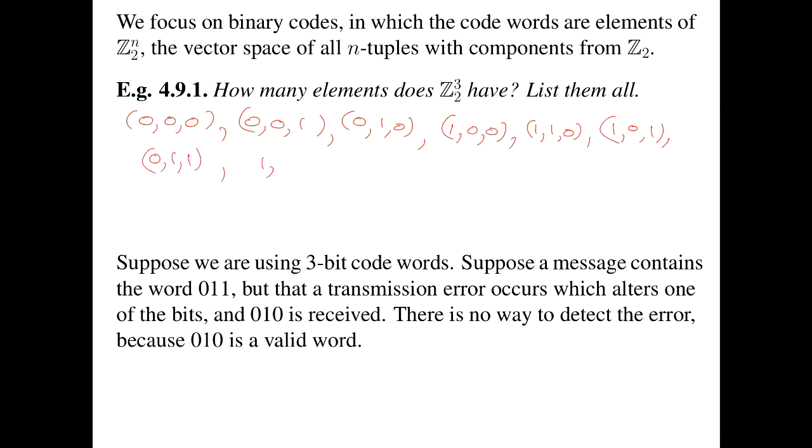And then the case where there's no zeros, okay? So the first entry is where you have all zeros. The next batch of 3 entries is where you have 2 zeros, then the next 3 have 1 zero, and then the last one's no zeros, okay? That's all of the elements of this vector space.